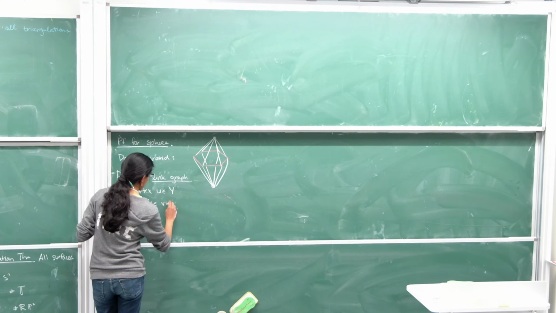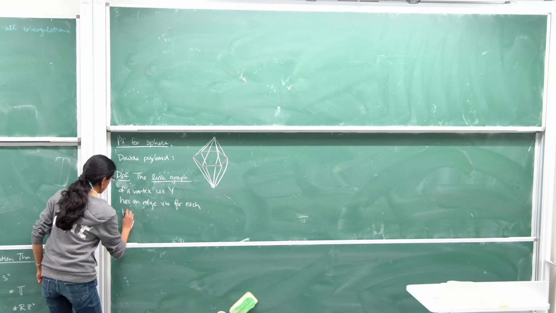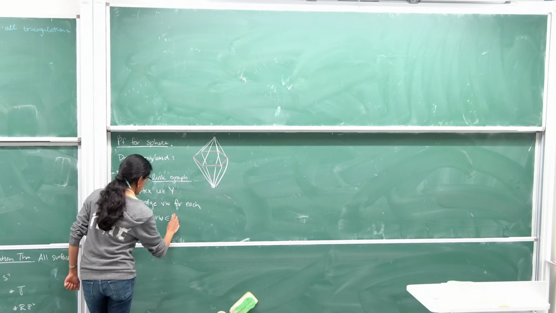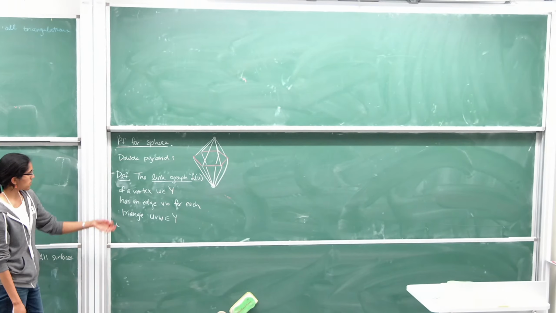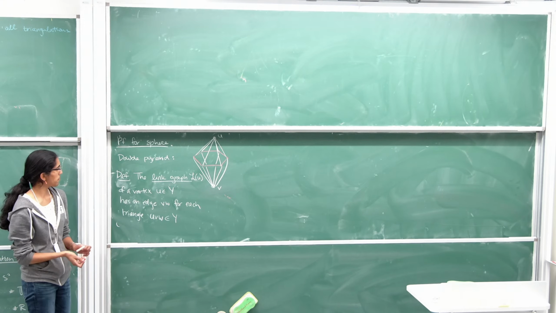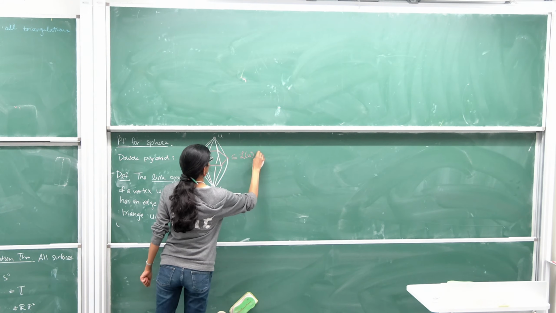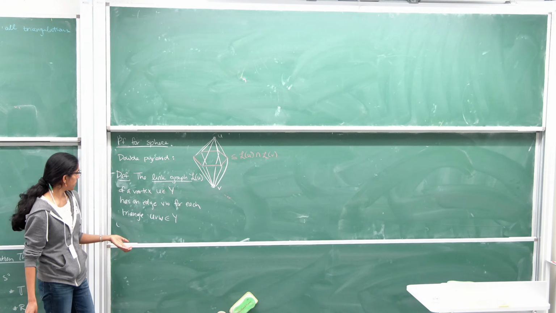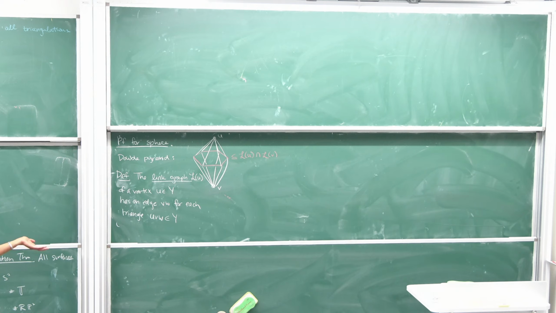So it has an edge VW for each triangle UVW in Y. I'm going to denote this L of U. So in the example of the double pyramid, if the top vertex is U and the bottom vertex is V, then finding a double pyramid is the same thing as finding a cycle within L of U intersect L of V. So each of these red edges is going to be an edge of the link of U and also of the link of V. So the question becomes, can we find one of these intersections that has a cycle?